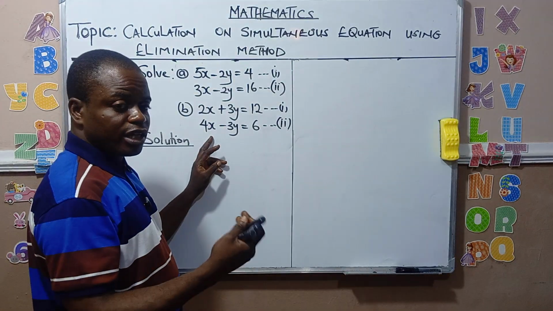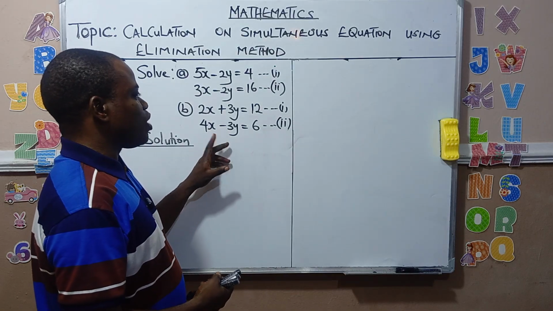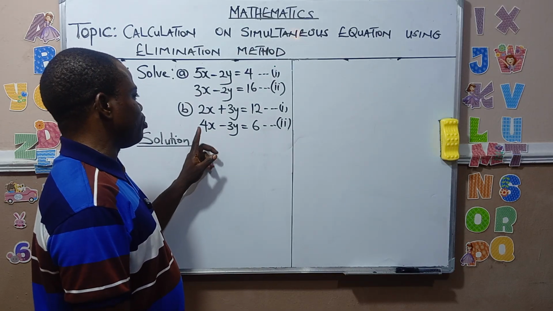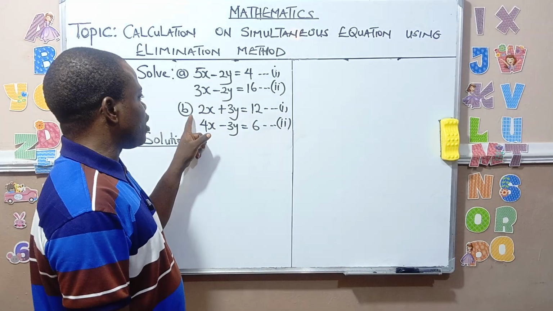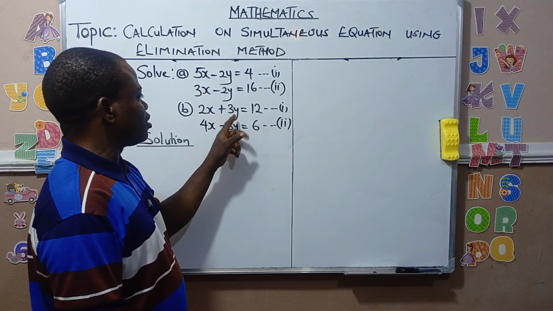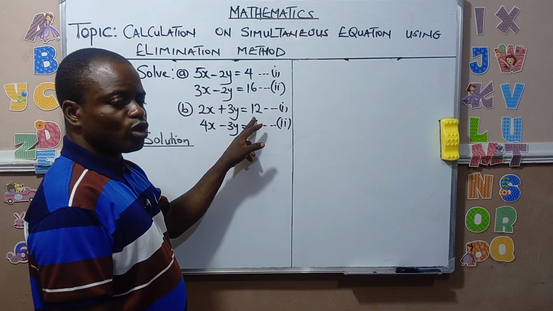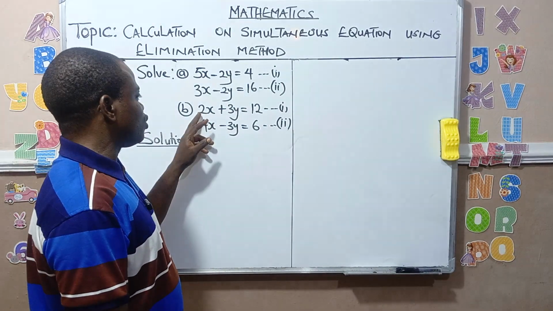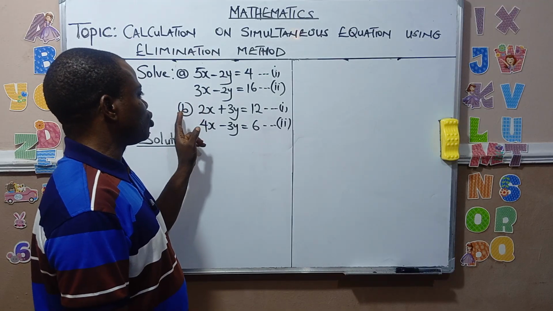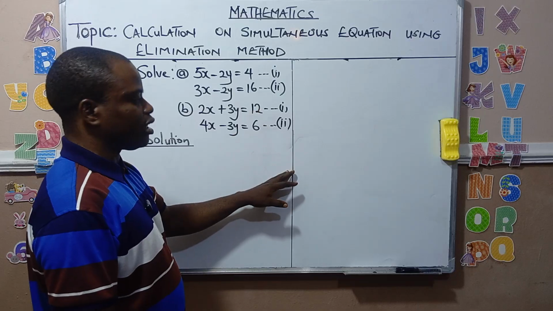But in the case that the coefficients of x and y are not the same at all, you can pick 4 of equation 2 to multiply all the expressions in equation 1. That is, you now have 4 times 2x, plus 4 times 3y, equals 4 times 12, to form another equation. Okay?